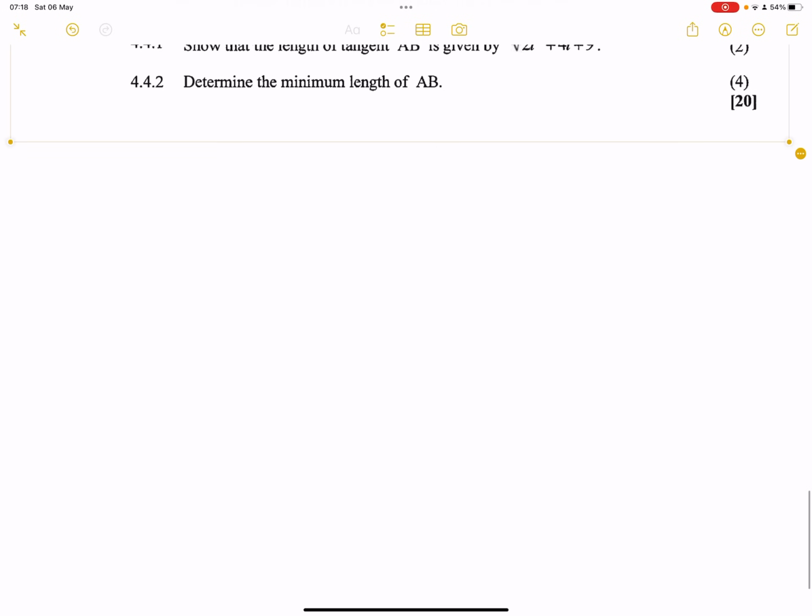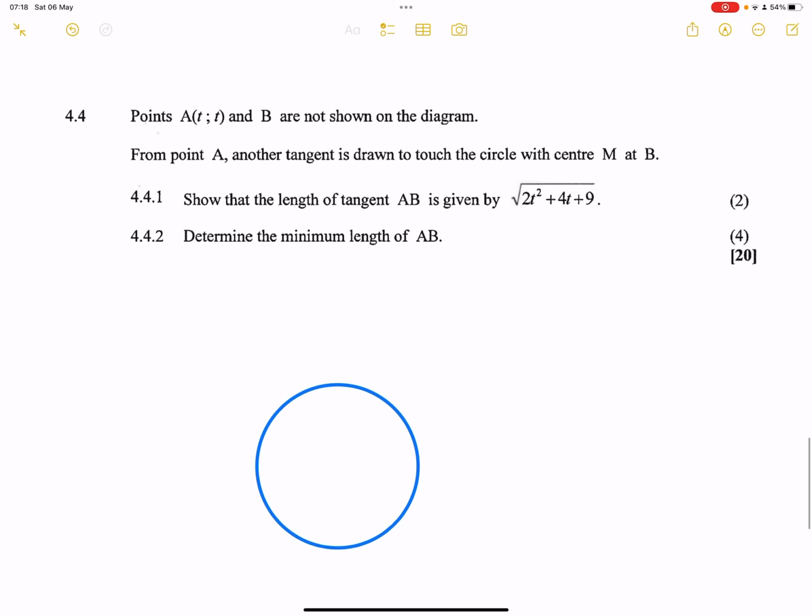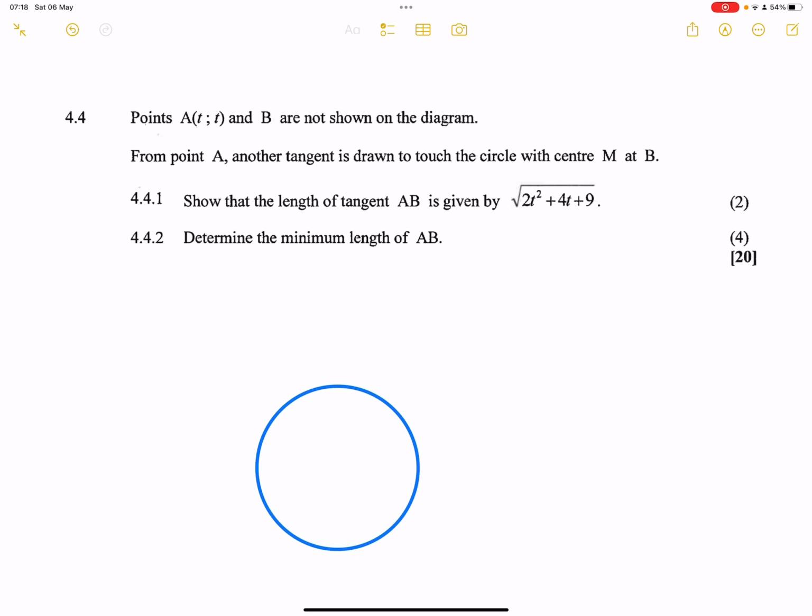So let me do this, ladies and gents, just for the sake of seeing what we're trying to do here. They're telling us we've got another point that is outside the circle, which is point A, and another point which is point B. From point A another tangent is drawn which touches the circle at B. So suppose we draw a line, here it is.